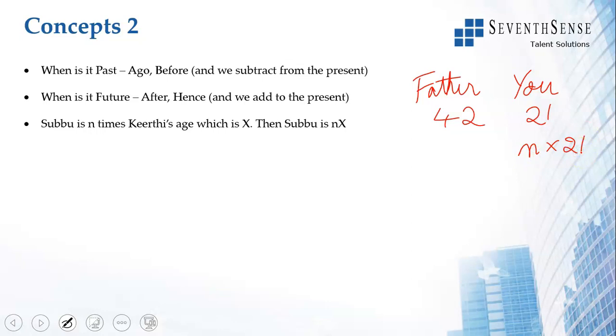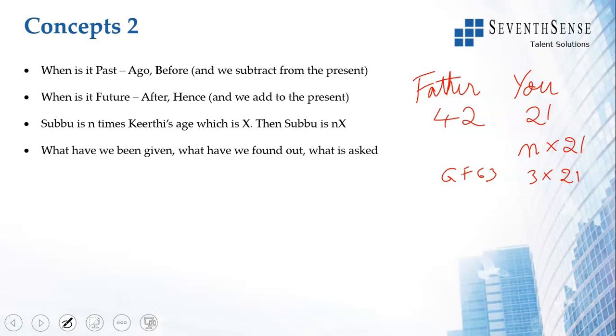If your grandfather is 3 times your age, you do 3 into 21, which makes it 63. So if someone is n times the other person's age, then the first person's age is n into x. So Subbu is n times Kirti's age. So Kirti's age is x, Subbu's age will be nx.